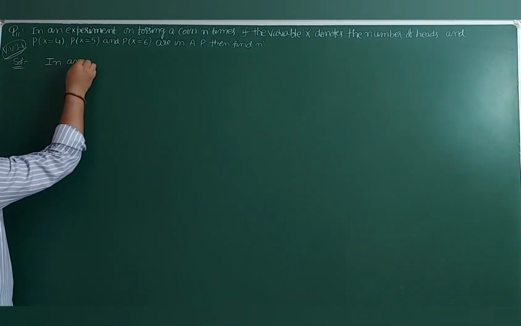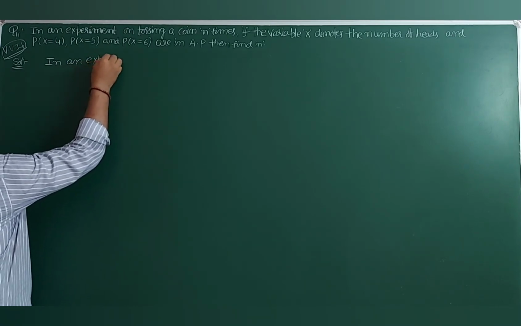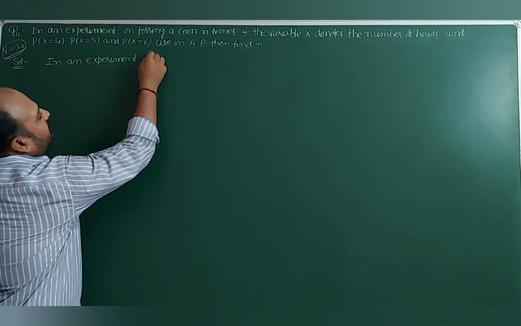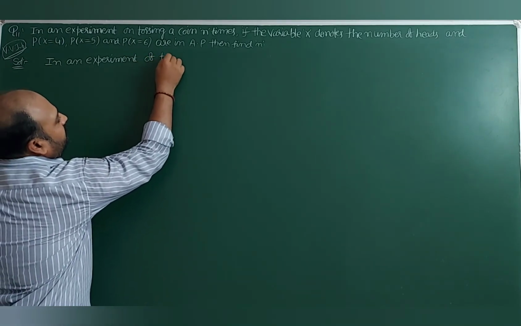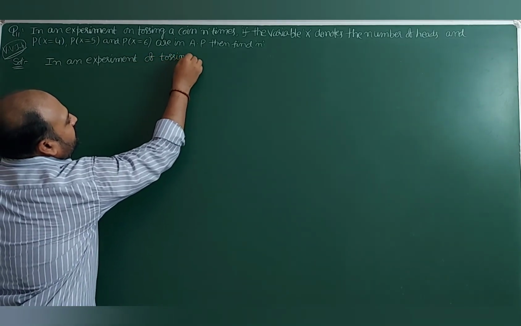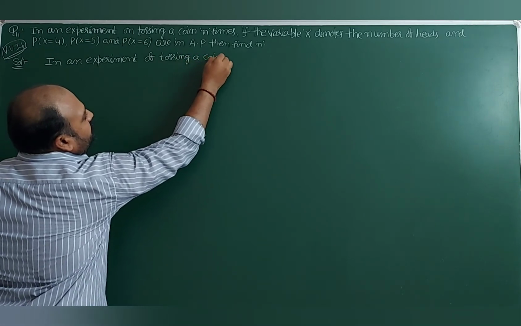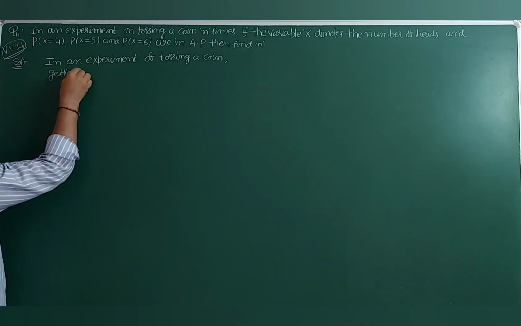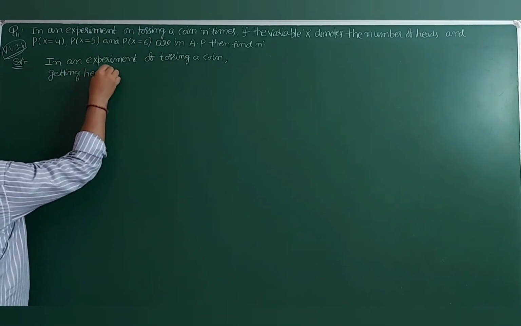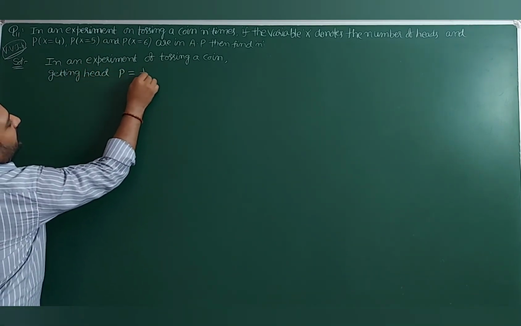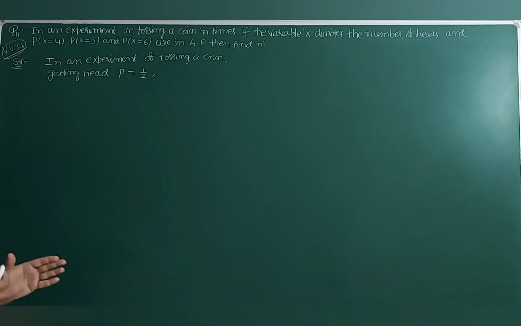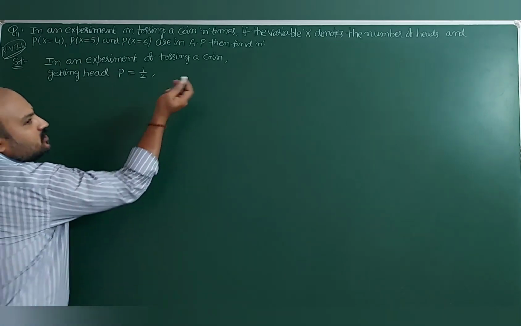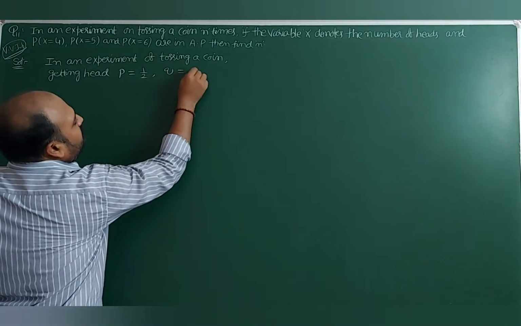In an experiment of tossing a coin, getting a head, P is equal to 1 by 2. Whenever P value is 1 by 2, Q is obviously 1 minus P, so 1 minus 1 by 2. So Q is also equal to 1 by 2.